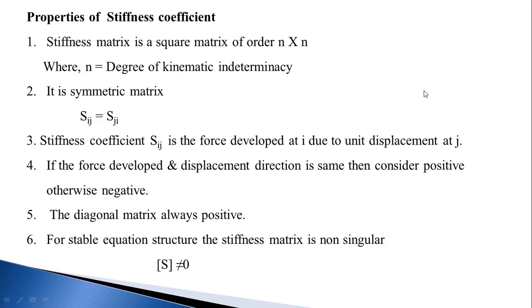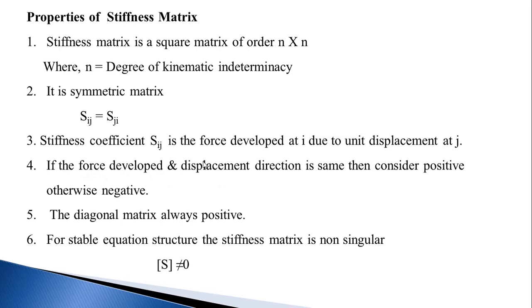Now, properties of the stiffness matrix. First, the stiffness matrix is a square matrix of order n by n, where n is equal to the degree of kinematic indeterminacy. Second, it is a symmetric matrix, that is, Sij is equal to Sji. Third, the stiffness coefficient Sij is the force developed at i due to unit displacement at j.